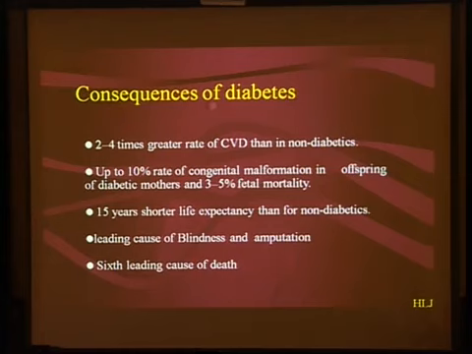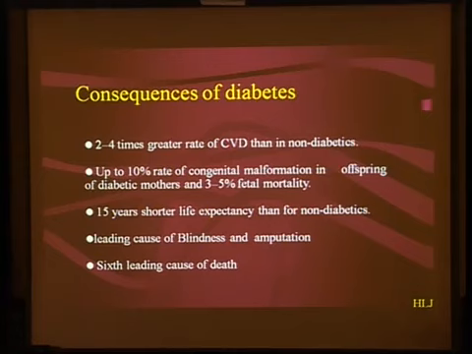What is the consequence of increased prevalence of diabetes? There is a 2 to 4 times increase in the cardiovascular risk, up to 10% congenital malformation in the offspring of diabetic mothers, and 3 to 5% fetal mortality.